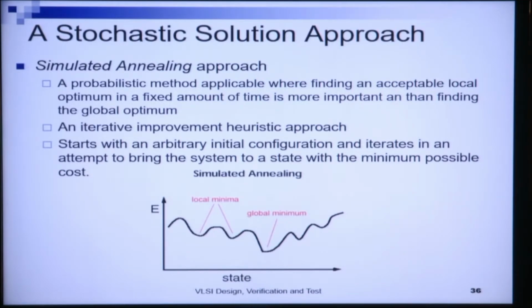So therefore, what it does is, let us say this denotes the state space of the problem, and this denotes the cost in terms of energy. For us, energy could be say resource cost, area cost, then performance cost, latency, etc. Right, and we want to obtain say the minimum resource design, minimum resource allocation.